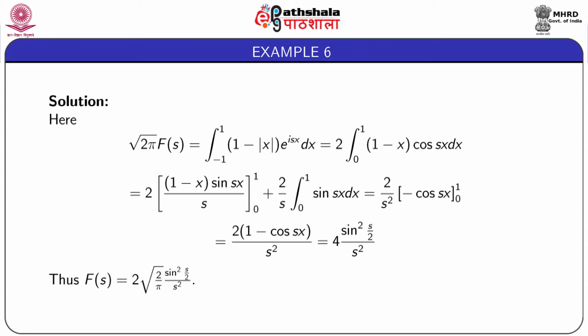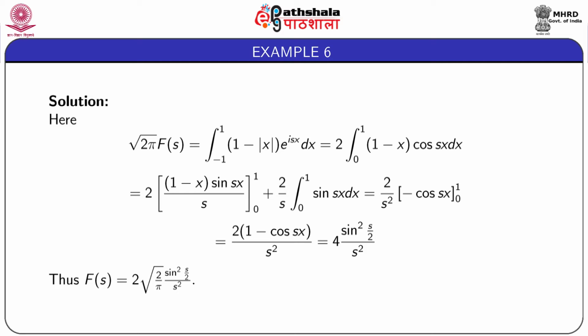So, we find out first the Fourier transform of this function f(x). So, root over 2 pi capital F(s) is equal to the integral from minus 1 to plus 1, where the function is defined, of (1 minus mod x) e to the power i s x dx.